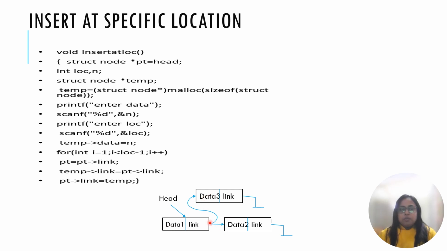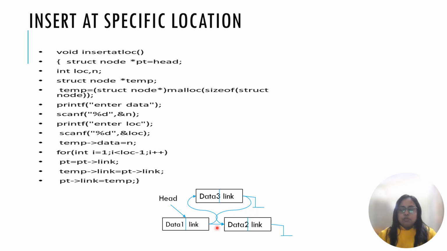Now temp link equals pt link. Pt is pointing here, so pt link means this node. So temp link equals pt link and pt link equals temp.